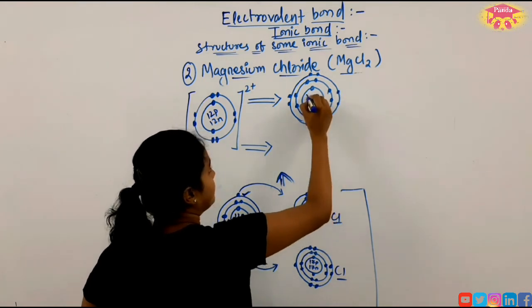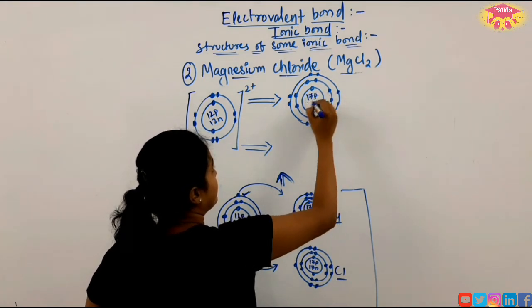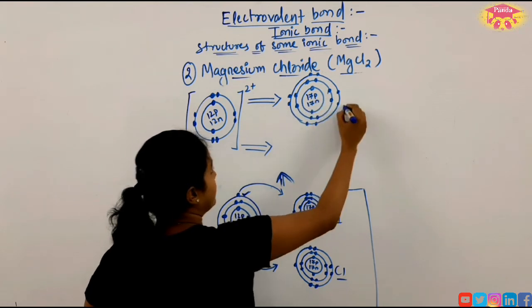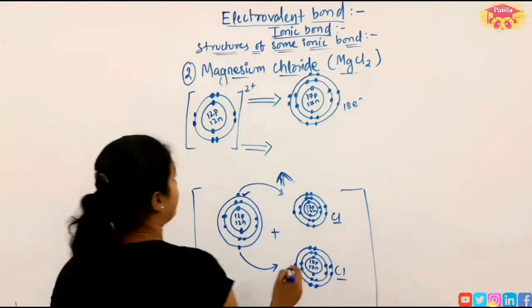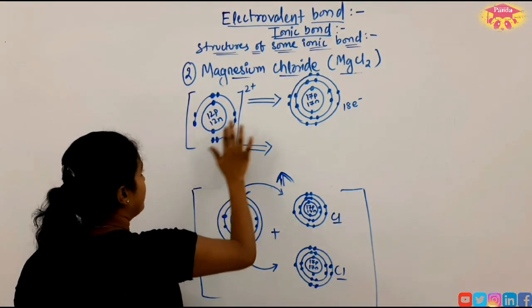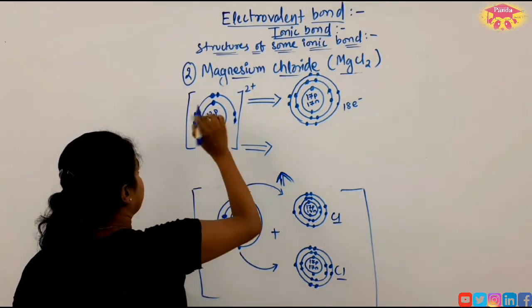And the chlorine atom contains 17 protons and 17 neutrons, but here 18 electrons, students, as it received one electron. The structure is somewhat larger than the cation.